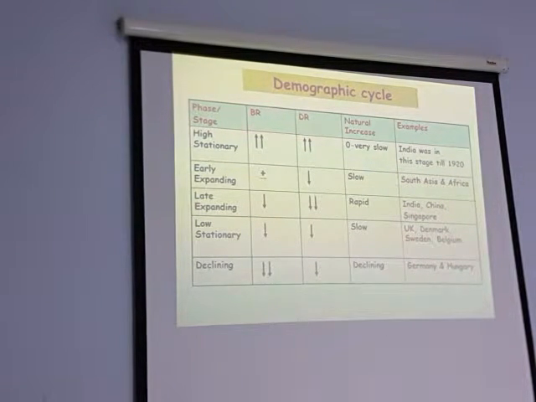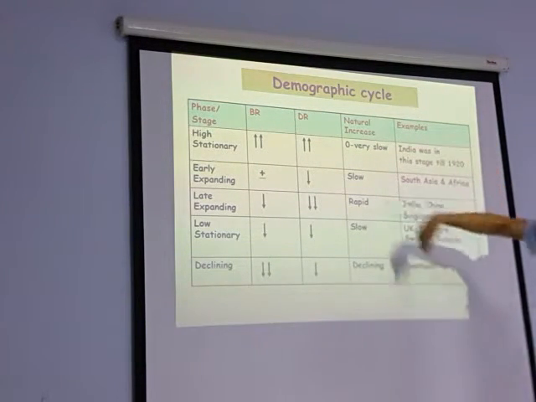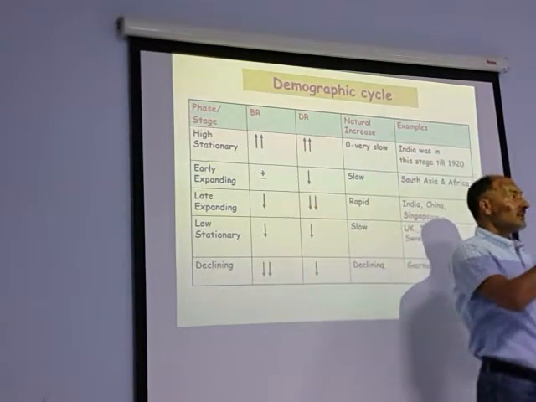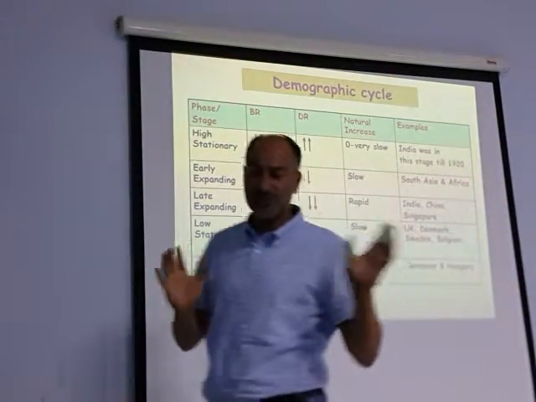Otherwise, the population will flourish over a period of time. But what happens to us? We are getting money to have fewer kids, isn't it? Okay. So you must understand this and remember it by heart: any country passes through these phases, whether it's high stationary, early expanding, late expanding, low stationary, or declining phase. So these phases you must understand.